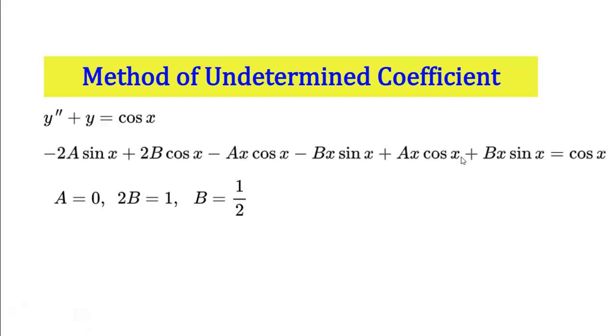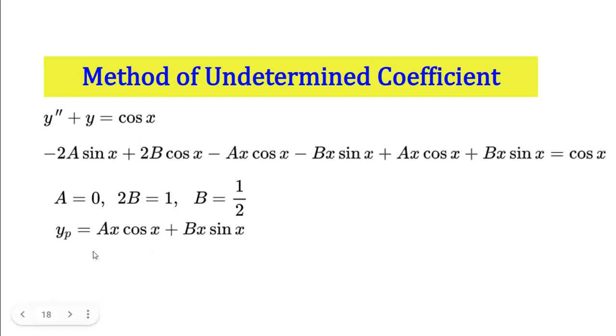So only this value will be equated to this. So we have a equal to 0 and we have 2b equal to 1. Solving for b here, dividing both sides by 2, we have b equal to 1 over 2.